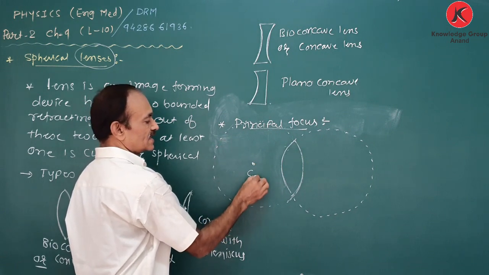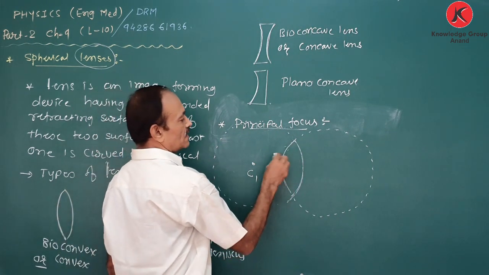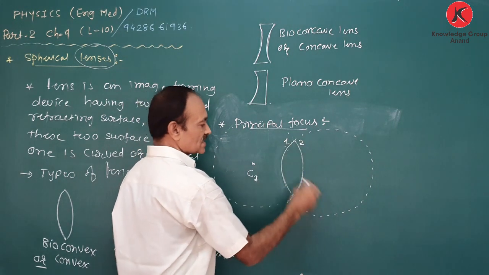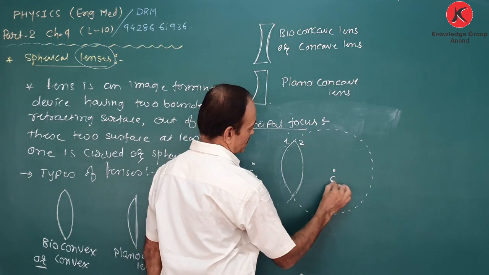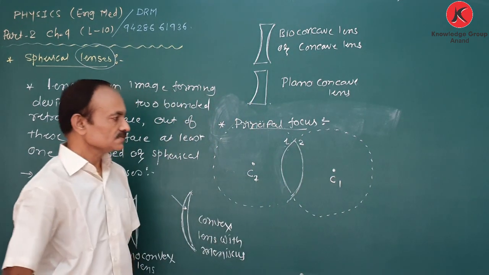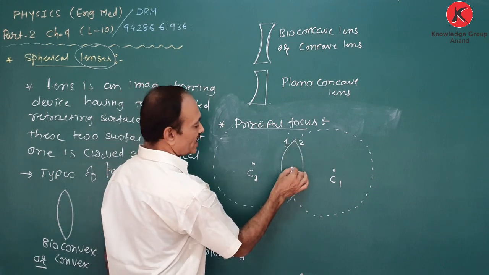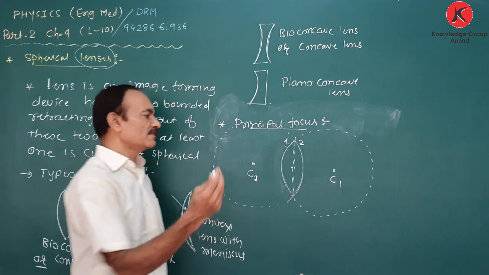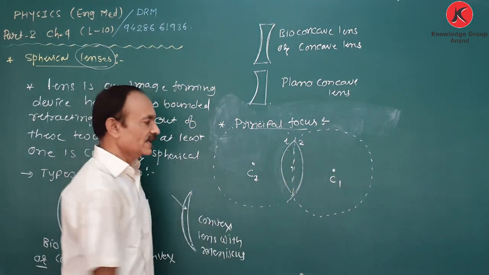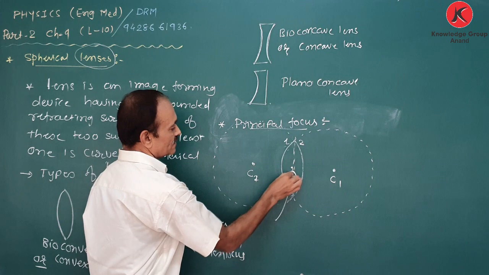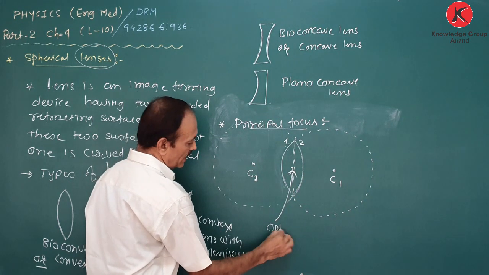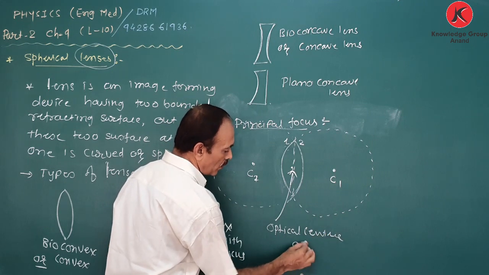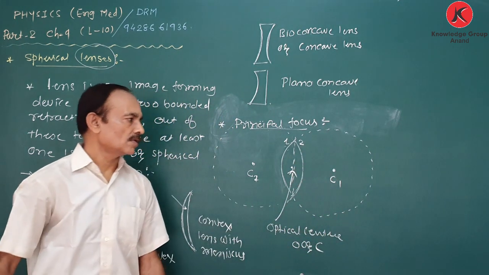So for surface two there is one center C, and for surface one the center is this, so there is another C. Now, the geometric center of this lens is this. In the case of the mirror there is the pole, but here there is the optical center, which is denoted by O or C.